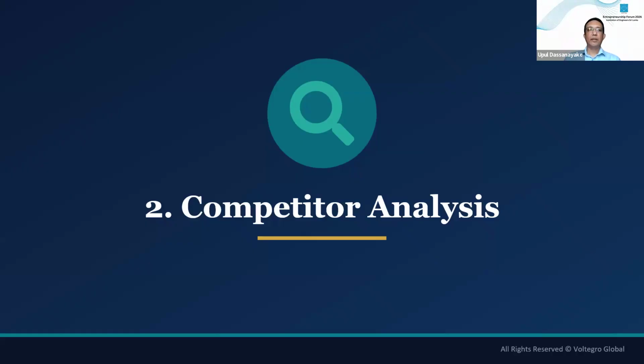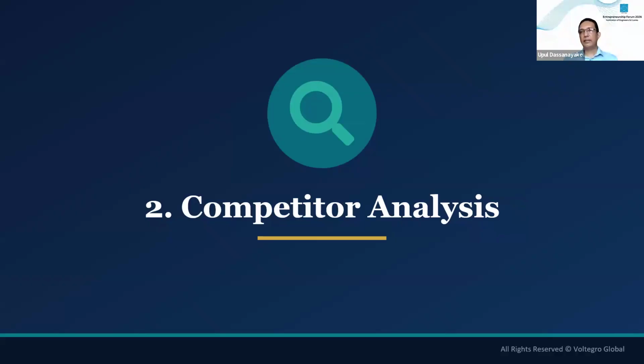Competitor analysis. According to this presentation, we started with product development and then we are moving on to the competitor analysis. But if you want, you can first do the competitor analysis, get some ideas, and then do the product. Both ways are possible.